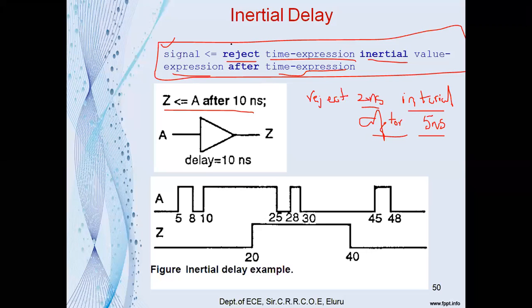And if we don't want to specify the rejection, then you can straight away specify as Z assigned with A after the 10 nanoseconds.